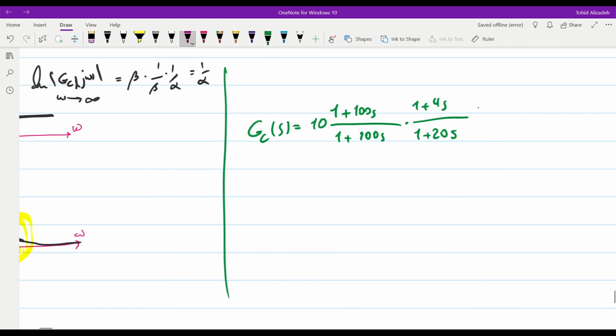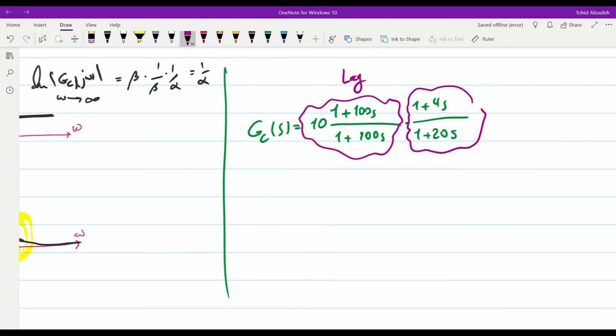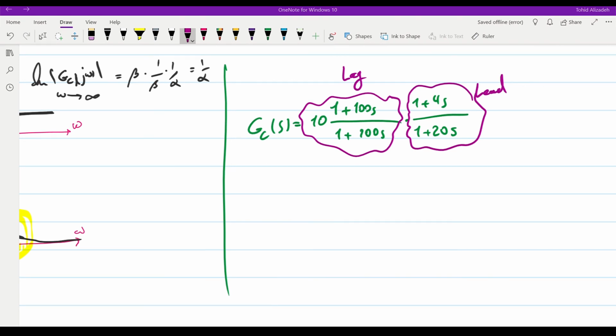And you can see that this part is for the lag and this part is for the lead compensator. Then I can show you how the frequency response of this controller would look like. I already have drawn it in MATLAB and I'm going to just bring it here.